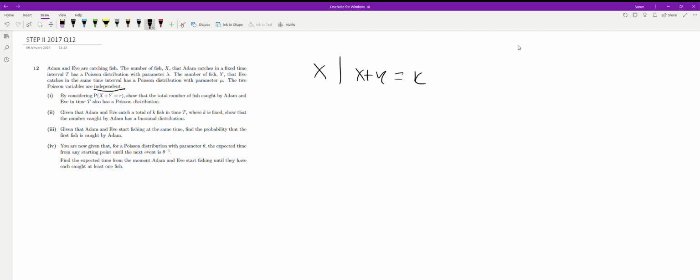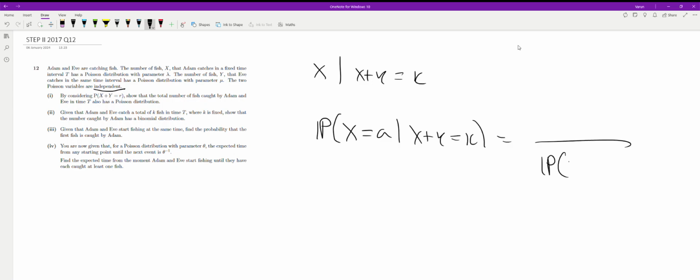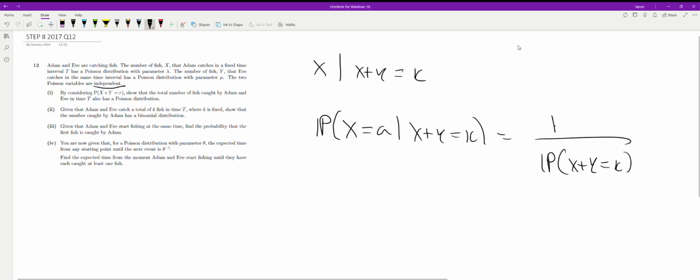So you want to do some sort of calculation like the probability that X equals a given that X plus Y equals k. Remember that this is conditional probability, so in the denominator there's going to be the probability that X plus Y equals k, which you should have calculated in the previous part. And in the numerator there's going to be the probability that X equals a times the probability that Y equals k minus a.